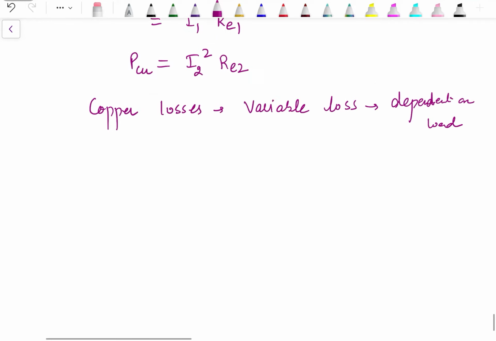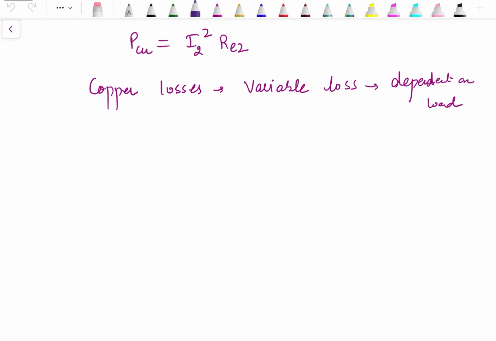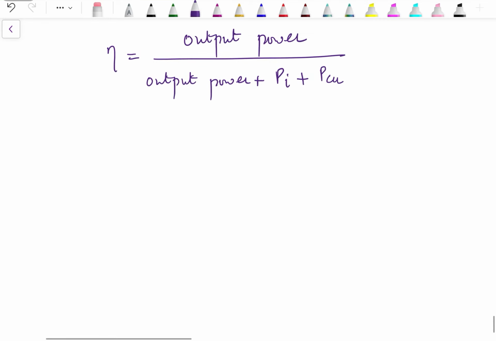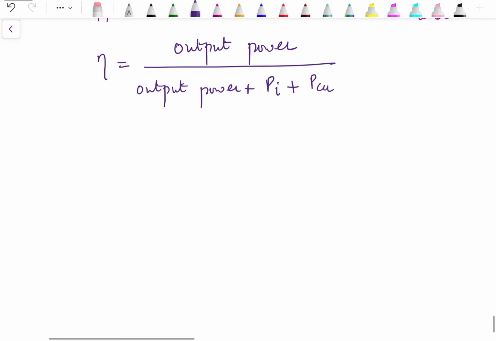Now coming back to the efficiency, the efficiency of the transformer is equal to output power upon output power plus losses. Now the losses are iron loss and copper loss. The power output of the transformer is output voltage into output current into power factor.